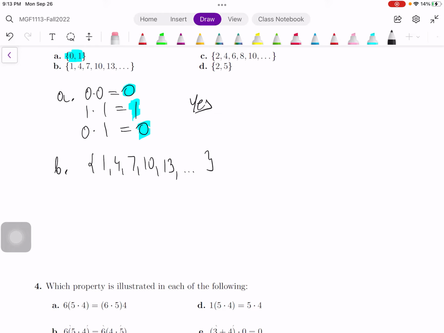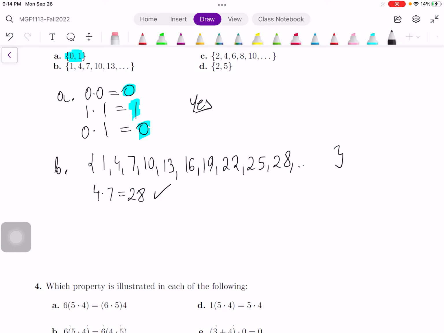But I can for sure at first test it, okay? What if I took say 4 times 7? That's going to be 28. Will I have 28 there? Well, let's list a few more terms. So remember it increases by 3, right? So keep adding 3. And yes, I will stumble upon 28. So actually, it will still be within the given set.